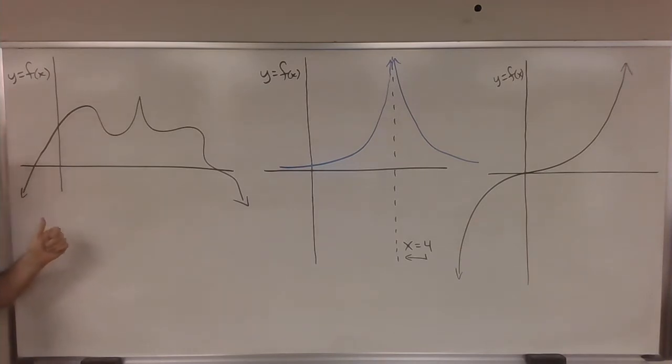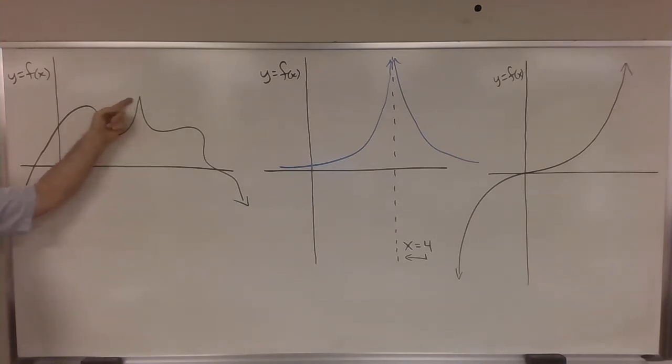What would you say? Would you say that f of x is continuous or discontinuous? And to answer that, maybe we'll look at it and say, do I see any breaks or interruptions in the graph? Now the graph does come to a sharp point right here, but does the graph actually break into two separate pieces here?